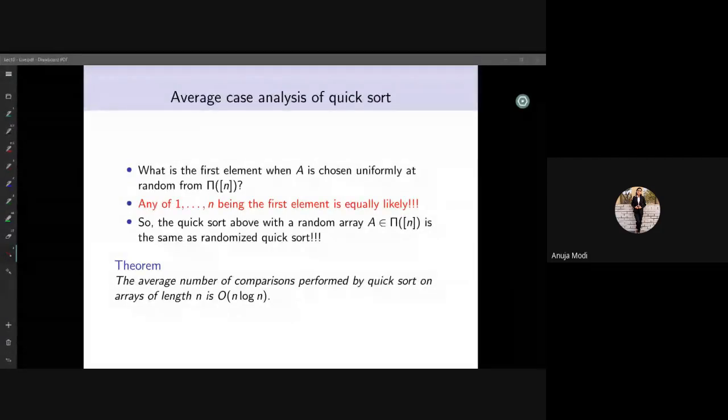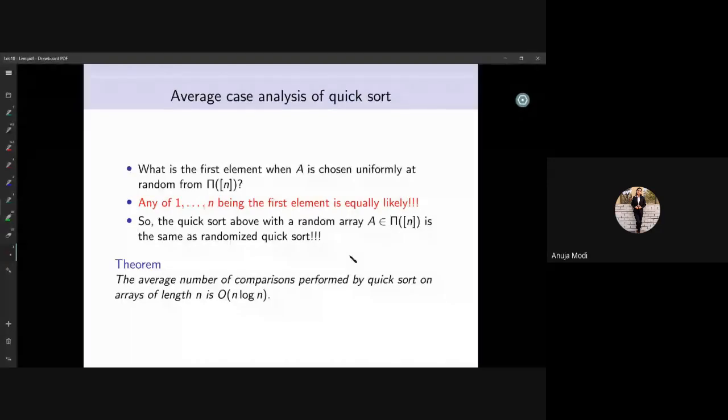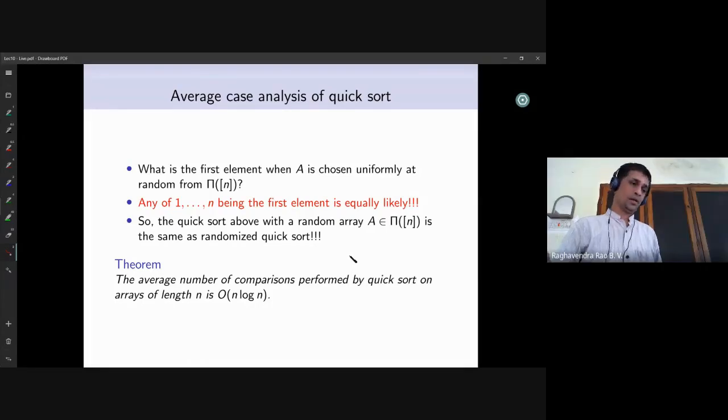Sir, in randomized quicksort, even if the adversary gives us the worst input, we are choosing the pivot randomly. Even if the adversary gives the best input also, we are choosing the pivot randomly. Yes, that's a very good observation.